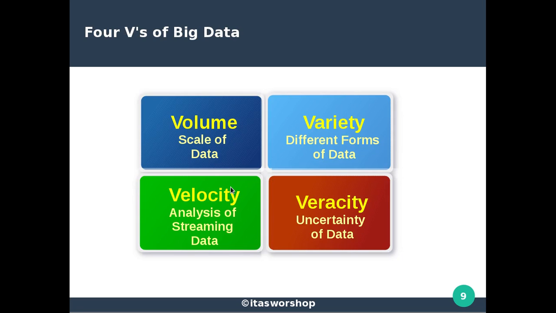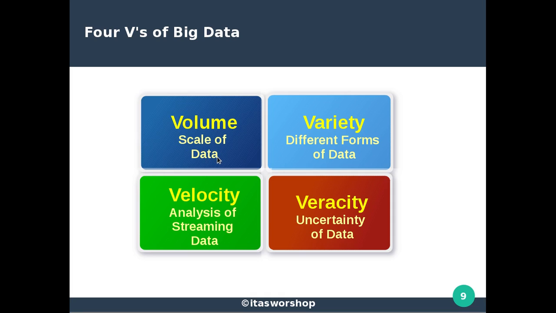So this big data is definitely a big, enough, huge amount of data, and it's just a relative term. There is no hard line where you can say that this is big data and this is not big data. It's like that. And it has got 4 attributes: volume, variety, velocity, and veracity. So volume means the scale of data.